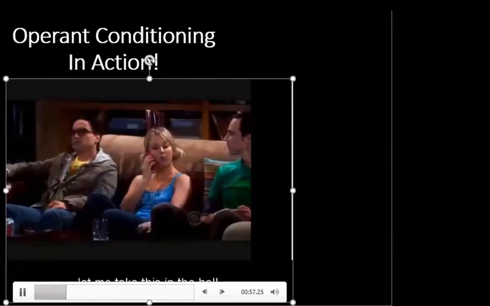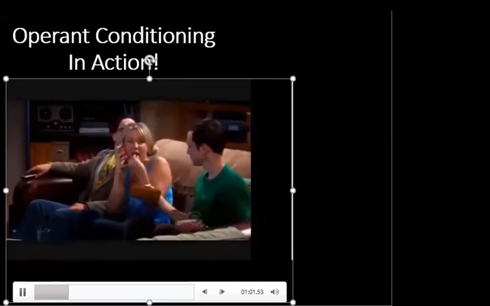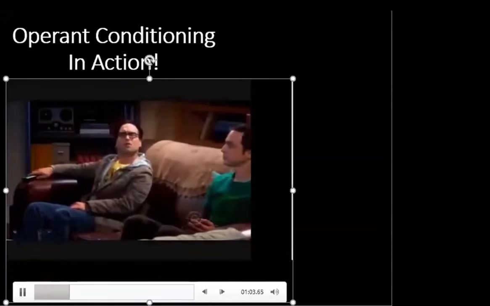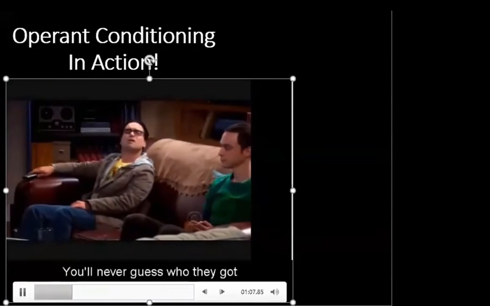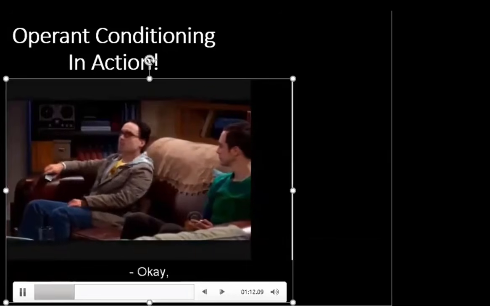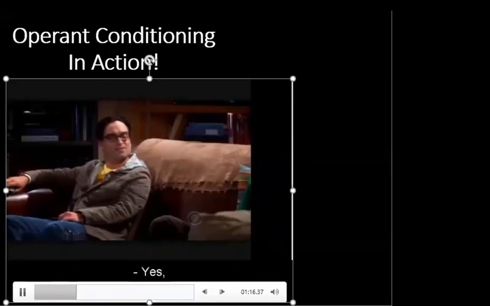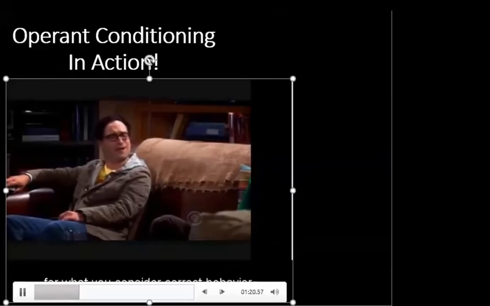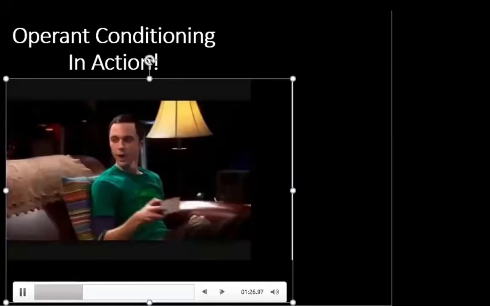Let me take this in the hall. You'll never guess who they got to replace you with. Okay. I know what you're doing. Really? Yes. You're using chocolates as positive reinforcement for what you consider correct behavior. Very good. Chocolate?